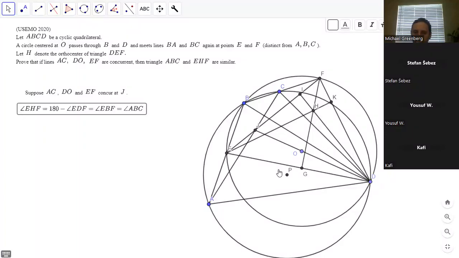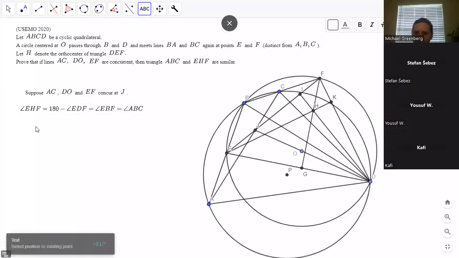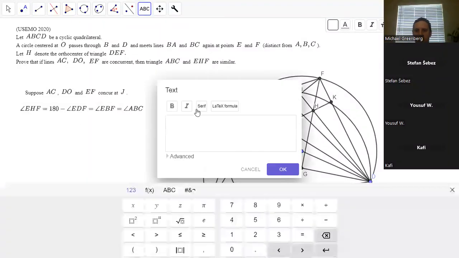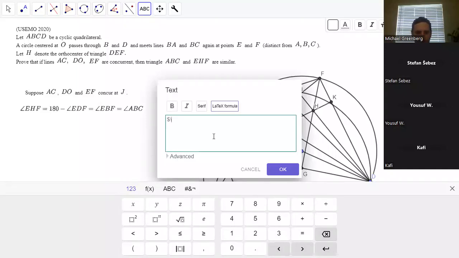You just have that angle ADC is 180 minus ABC, which is 180 minus EBF, which is EDF.